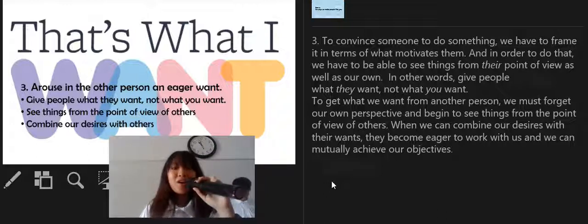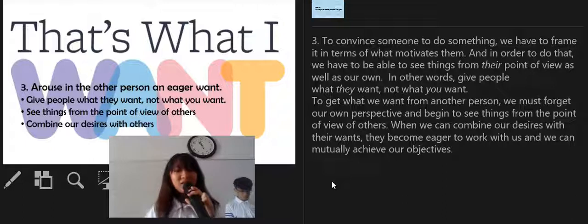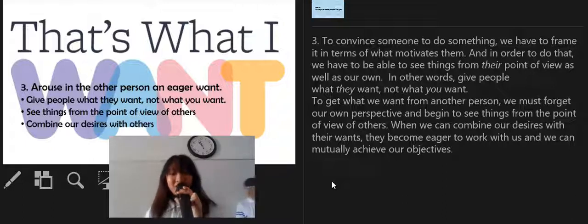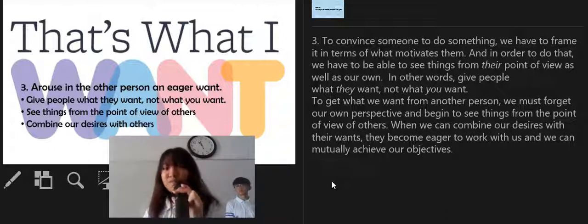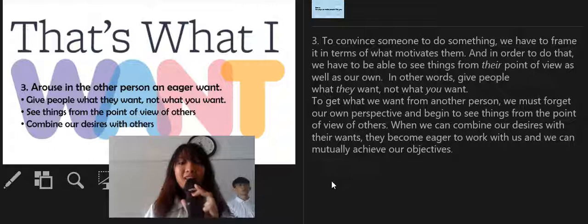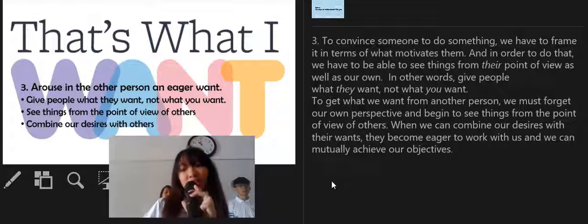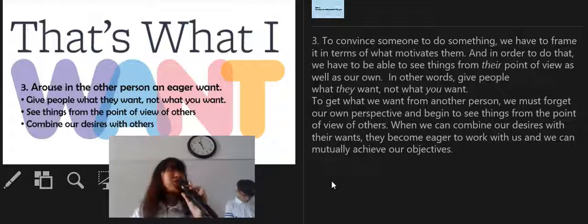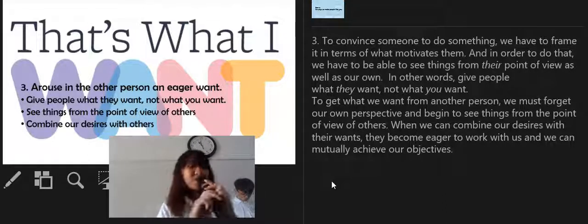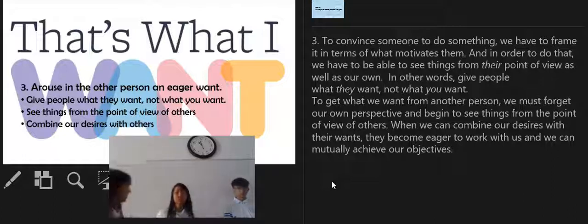To get what we want from another person, we must forget our own perspective and begin to see things from the point of view of others. When we can combine our desire with their wants, they become eager to work with us and we mutually achieve our objective. Now I would like to pass to my teammate.